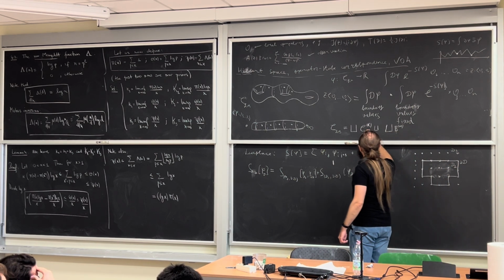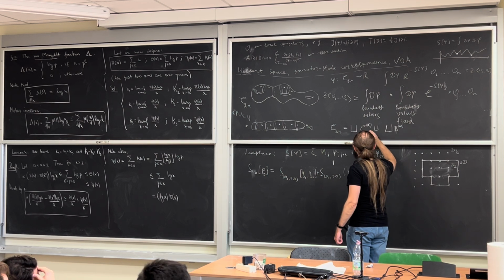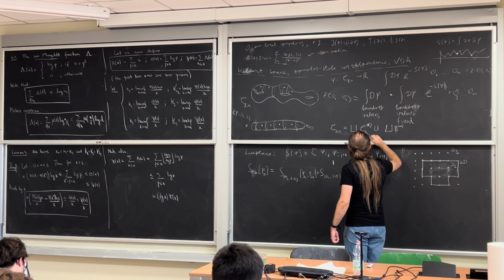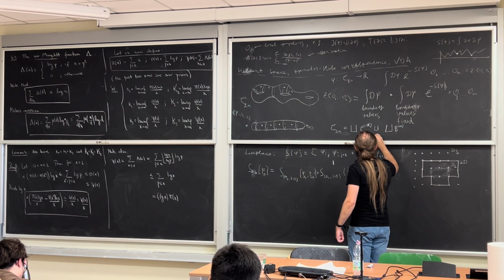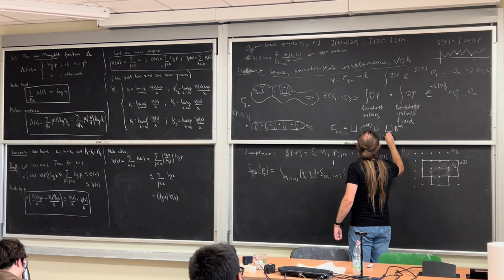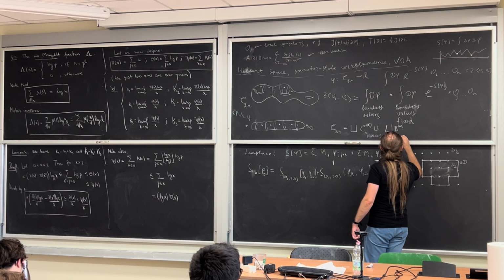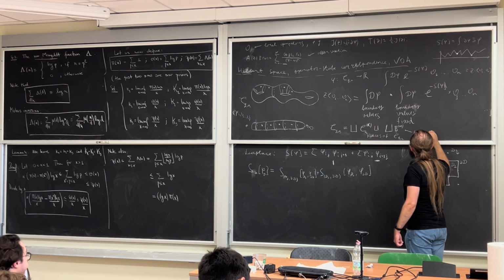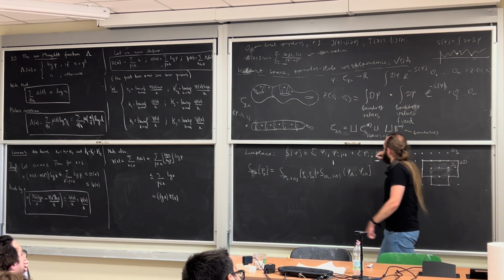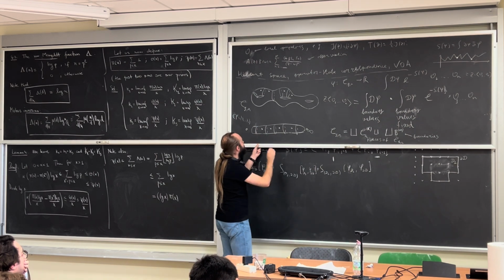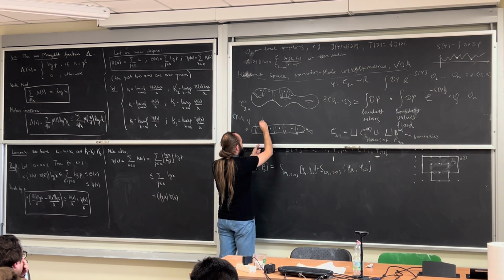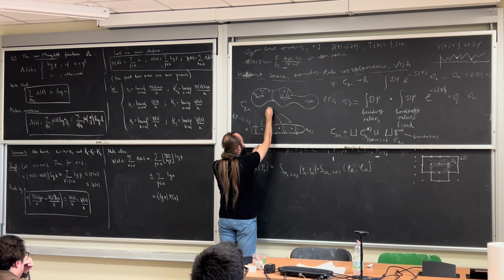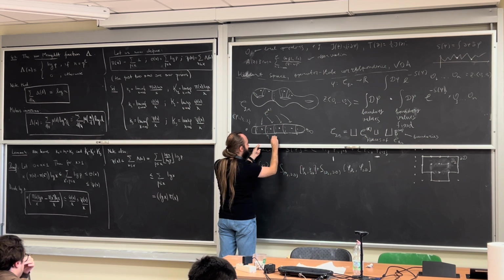So these are the pieces of the surface, and these are boundaries. So these are C_ks, and these are B_ms.